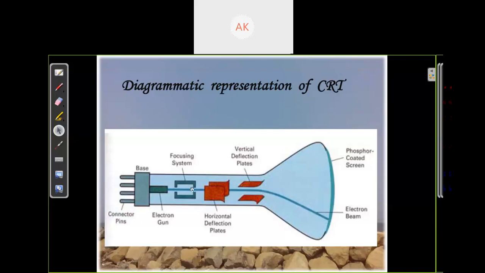The focusing system works as a lens. When many rays pass through a lens, the working of the lens is to focus the light at a small point, and the intensity of this point will depend on the number of electrons boiled off from the electron gun.